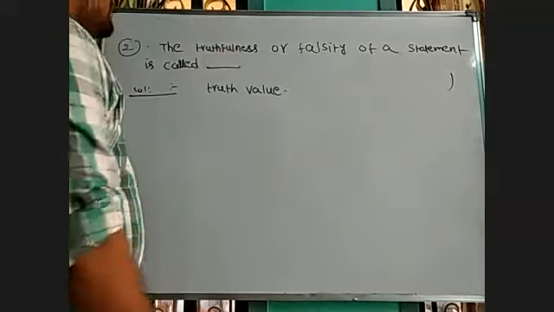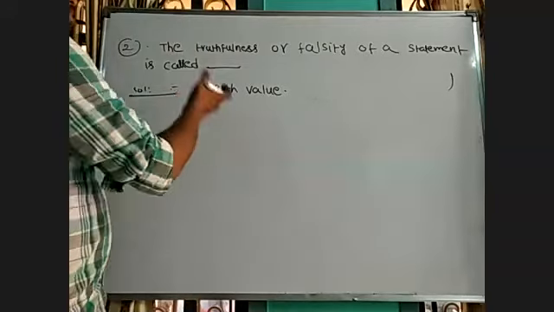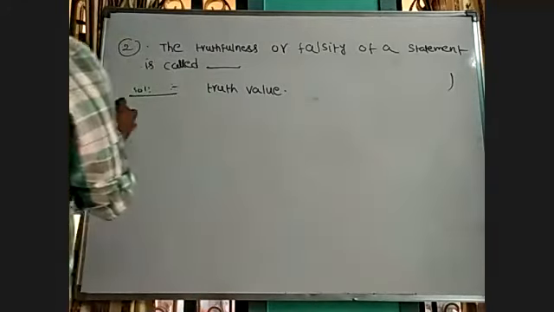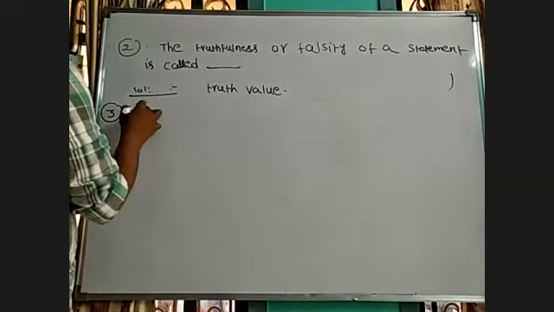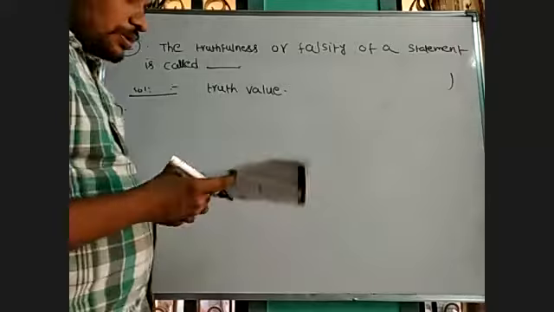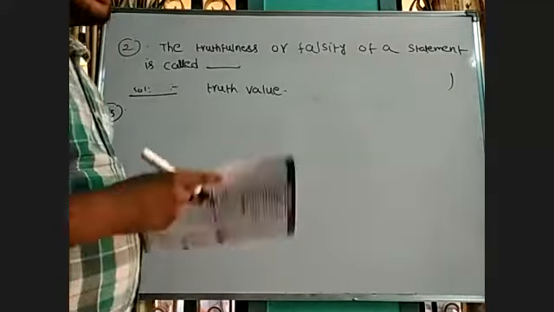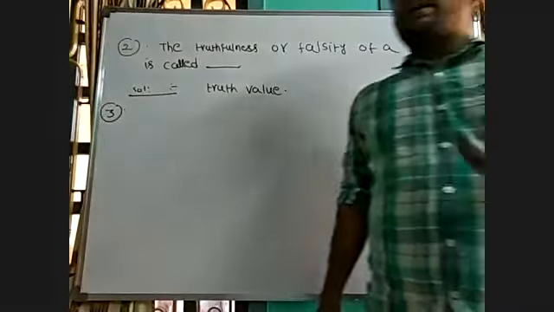The truthfulness or falsity of a statement is called truth value. Okay. Next one, question number 3. Which of the following is a proposition? Proposition means statement, the other name is proposition.